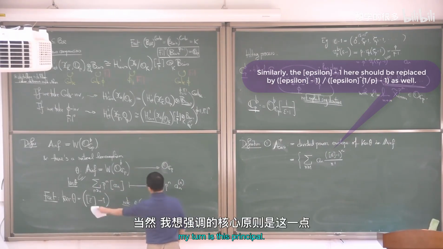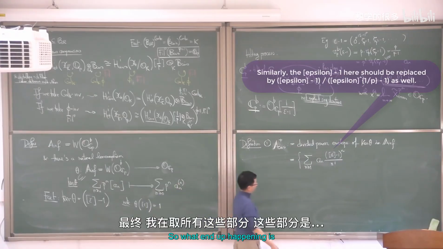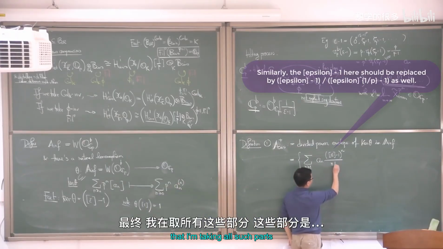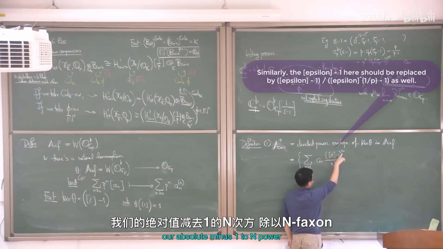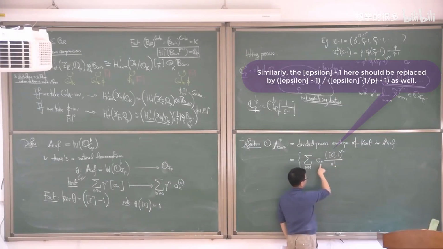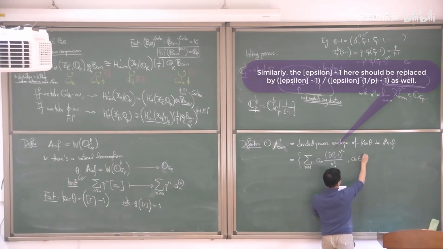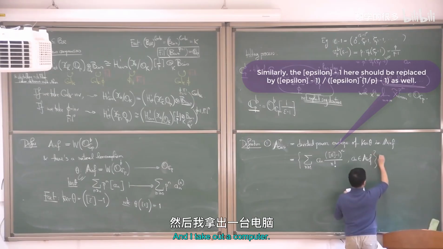But of course, my kernel is principal. So what ends up happening is that I'm taking all such power series where this is epsilon minus 1 to the n power over n factorial, with coefficients a_n. And then I take a completion.